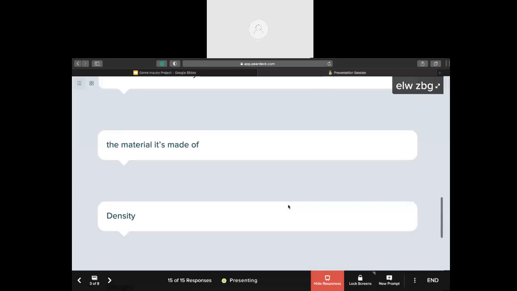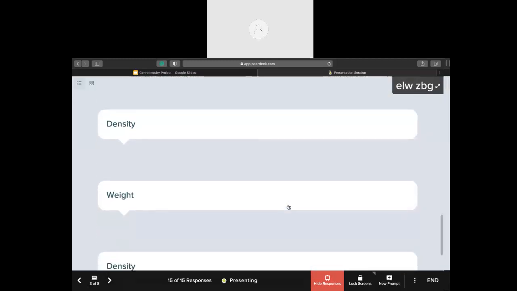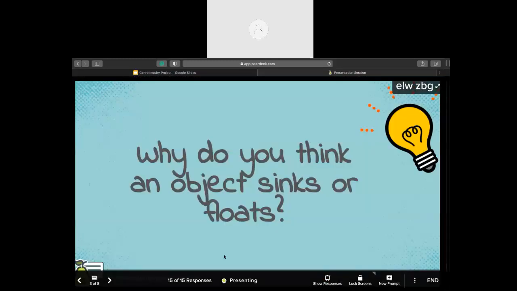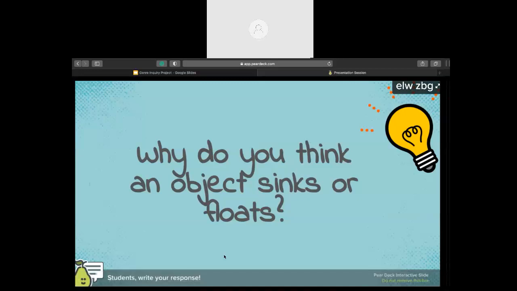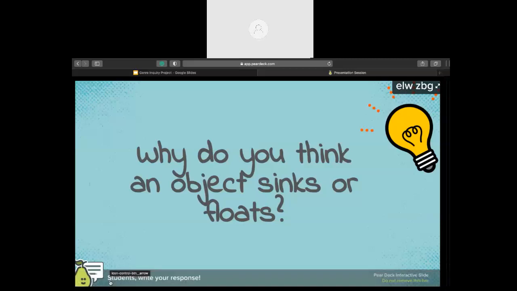The material, the density. All right, perfect. You are coming up with some great answers. Whether an object sinks or floats actually has nothing to do with the weight, but instead it depends on density. And I saw that a lot of you wrote that as your answers. So this is something that we are going to learn today. I hope your goggles are on tight.